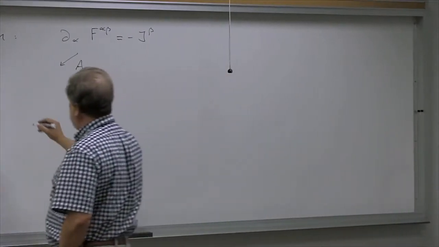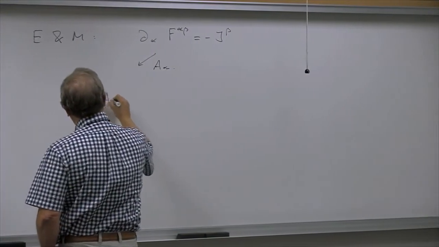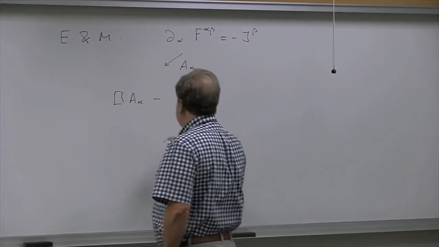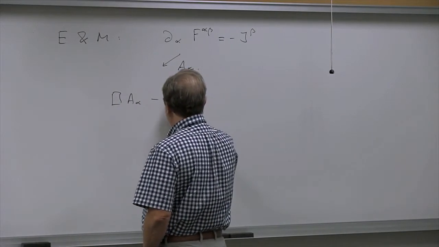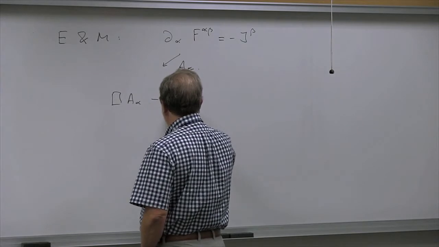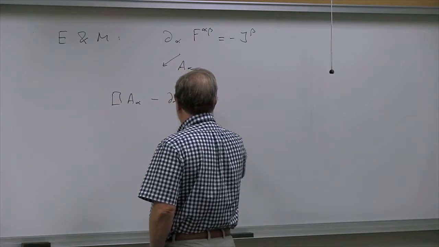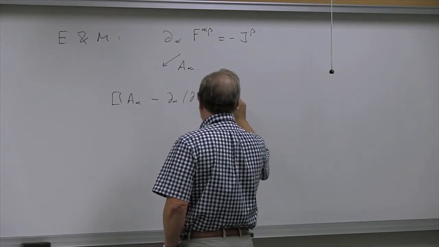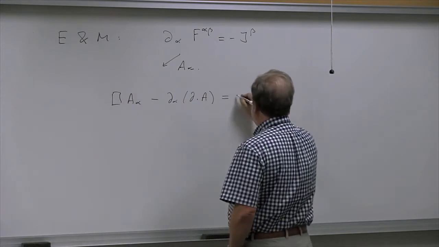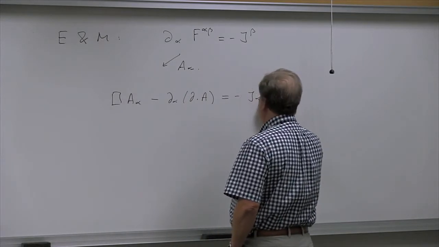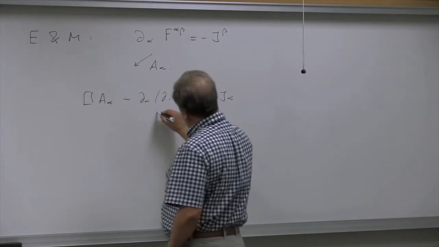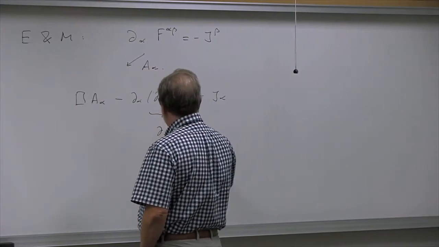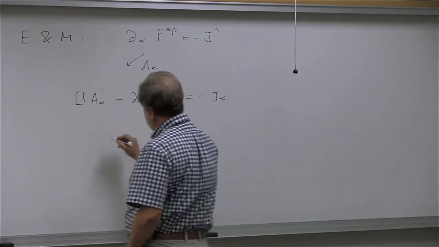We can write this as box of A alpha, and there's an extra term, which is d alpha, d dot A, is equal to, let's say, minus j alpha. And now we can use a gauge such that d dot A is equal to 0.